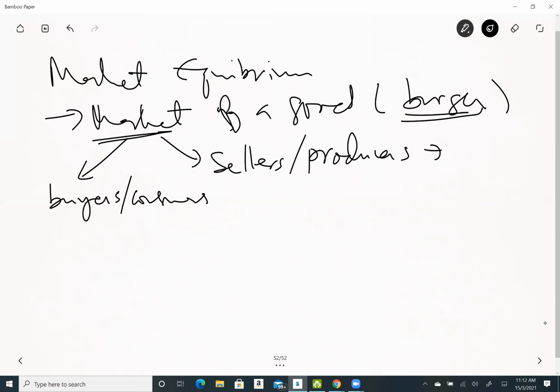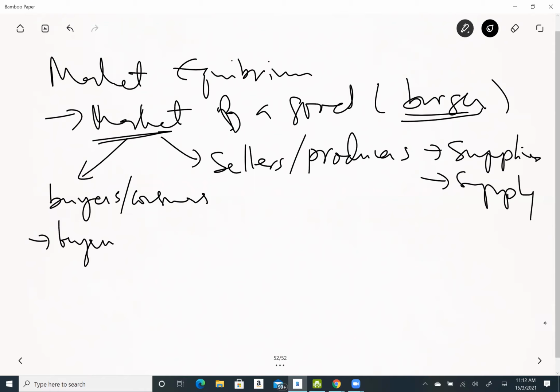The people who produce and sell are the suppliers, so they have the supply function. The consumers are the buyers, or the demanders, so they have the demand function.